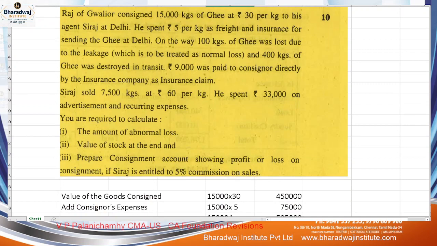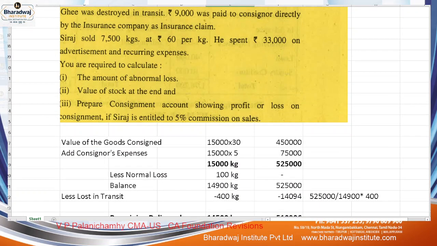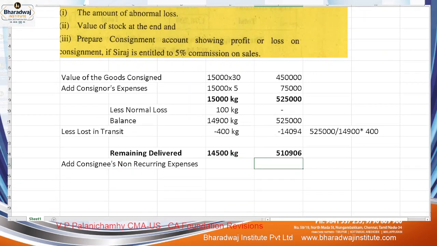They are selling expenses. 33,000 is advertisement and selling expense. Any non-recurring expense of consignee? No. So total value of 14,500 kg is this much.